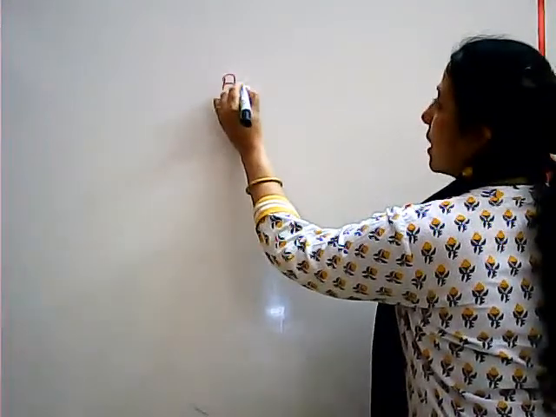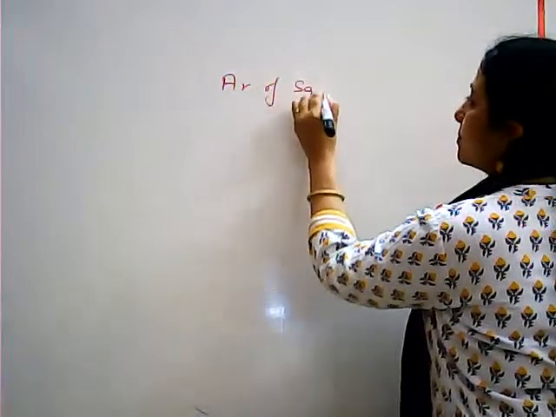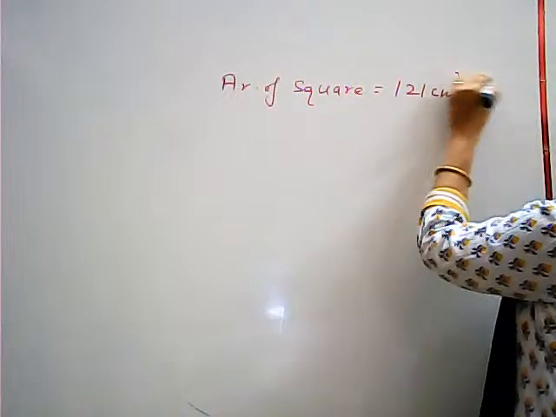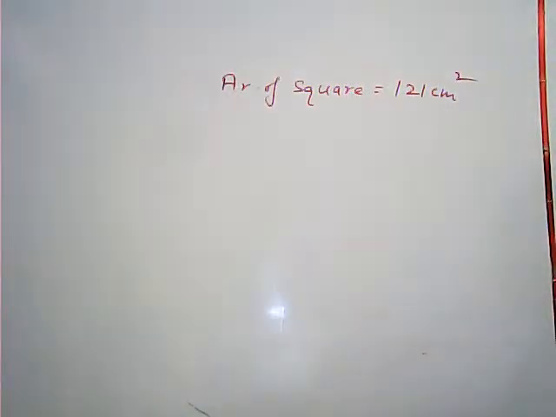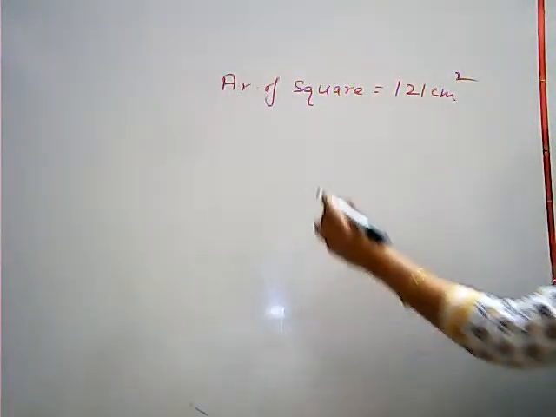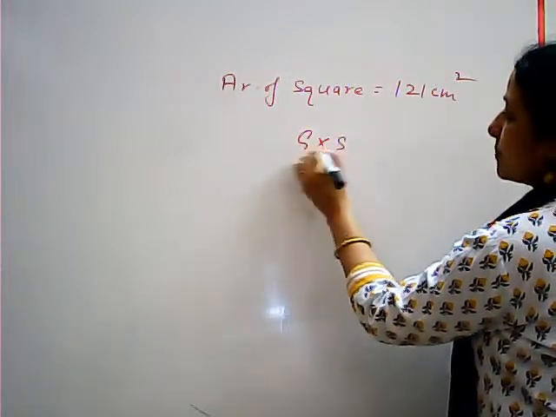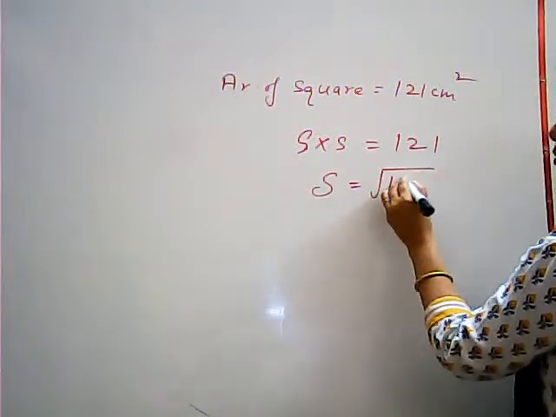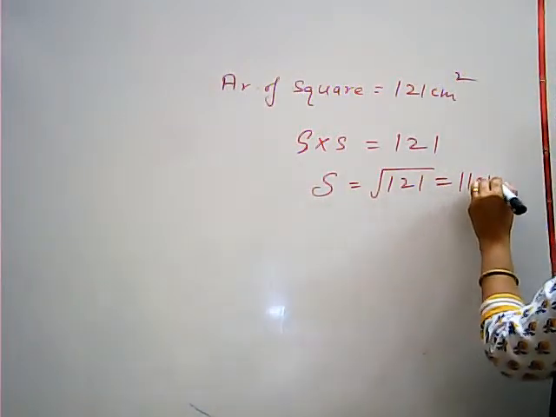A steel wire when bent in the form of a square encloses an area of 121 centimeter square. So the area is given as 121 centimeter square, and you need to find the value of the side. So what will be the formula? Side into side is equal to 121. So side is equal to the square root of 121, which is equal to 11 centimeter.